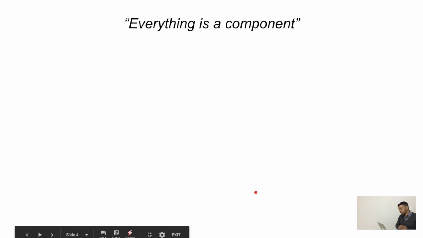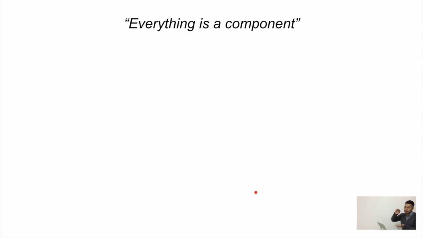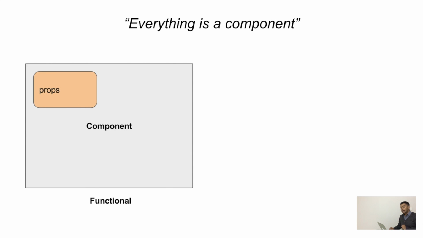Okay, so in React, everything is a component, right? So if you have a big application, that application is comprised of components, right? So there are two types of components in React. First one is a functional component and it has this particular property props, right?